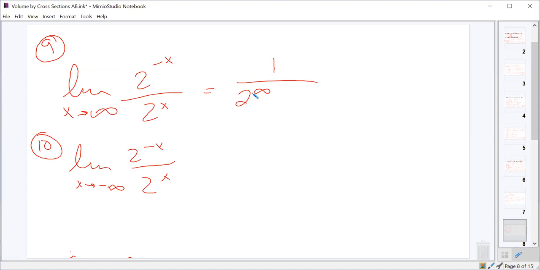And then 2 to the negative infinity in the numerator should drop down and become another 2 to the infinity. Well, 2 to the infinity is huge, and 2 to the infinity is also huge. And a huge number times a huge number is another huge number, right? So really, this is effectively 1 over infinity. And what does that become? 0. So number 9 should be 0.